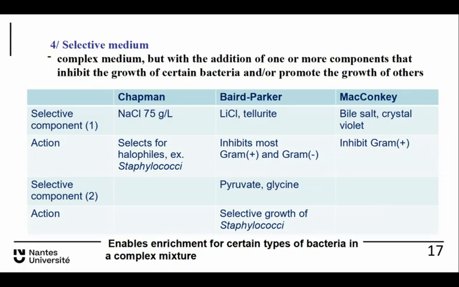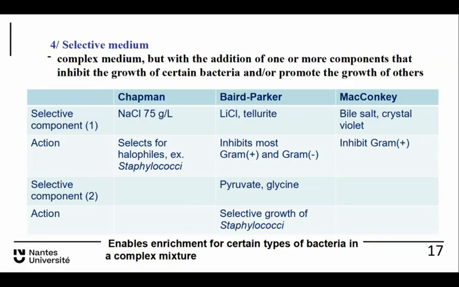So for example, Chapman's agar contains 75 grams per liter of sodium chloride. So only halophiles or halotolerant bacteria can grow on this medium. So most bacteria will not grow, but halophiles and halotolerant bacteria like staphylococcus can grow. Another selective medium for staphylococcus is Baird-Parker medium.